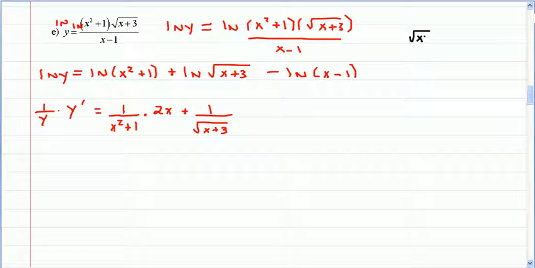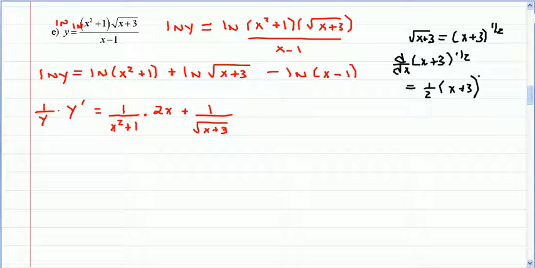If I write the square root of x plus 3 as x plus 3 to the 1/2, when I take the derivative, it is equal to 1/2 times x plus 3 to the negative 1/2, and then times the derivative of what's inside, which is just 1, so that I can write this as 1 over 2 times the square root of x plus 3.